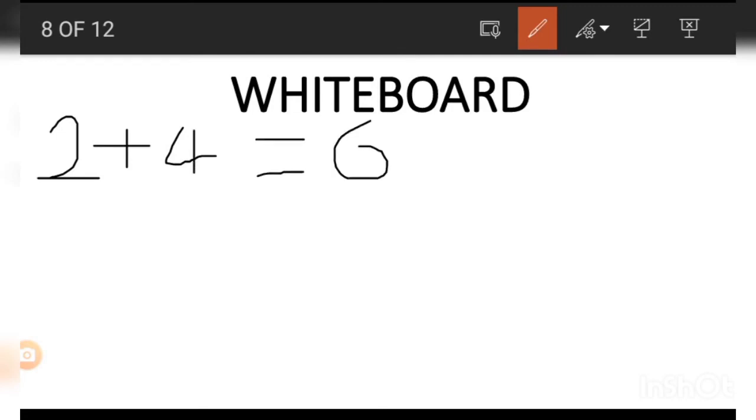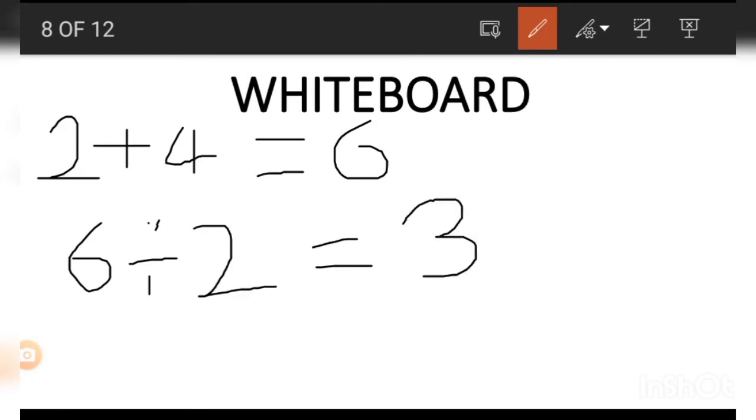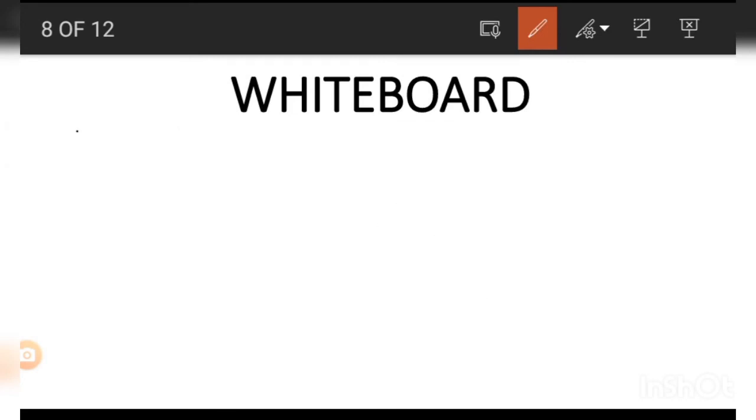So we have 2 plus 4. That gives us 6. 6, therefore, is divided by the imaginary number 2. So we have 3. This is how we got the number 3.